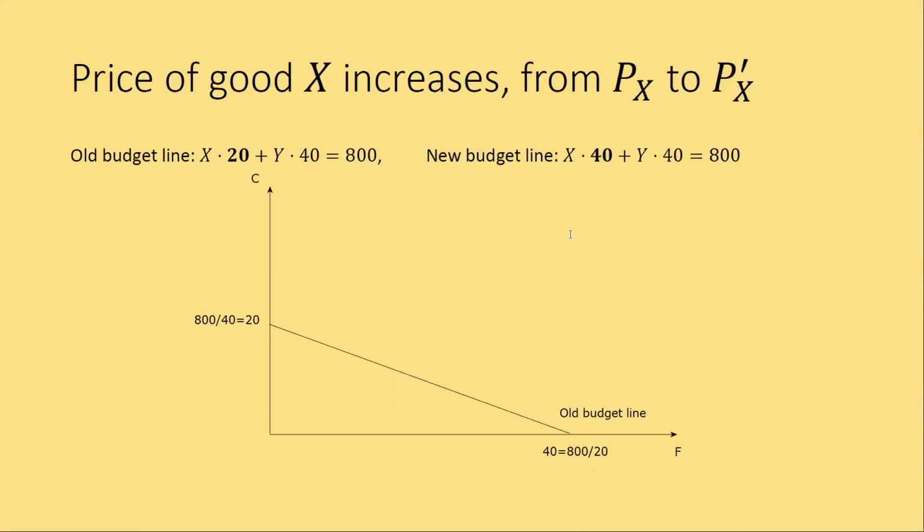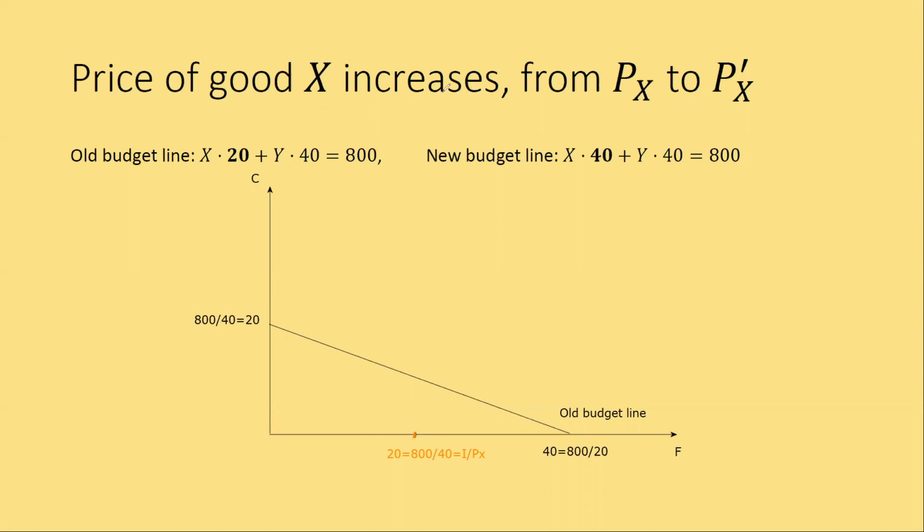However, the X-intercept will become different. As the price of good X increases, if we were to continue to spend all of our income on good X, instead of 40 units, we can only purchase 20 units now. This 20 units comes from 800 divided by 40, which is your income divided by the price of good X. So the new intercept on the X-axis is here, which is 20.